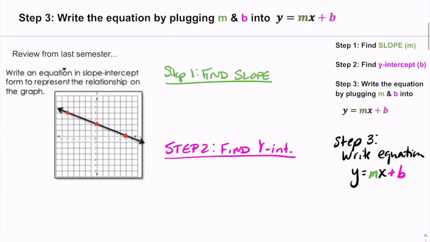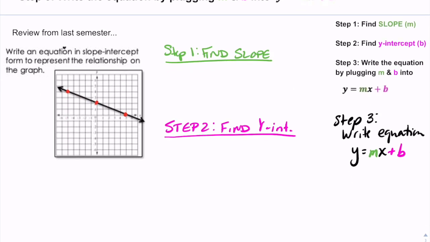So from last semester, when we were in our first unit, we're going to review that a little bit today. Finding the slope, remember, we would look at rise over run on a graph, and it doesn't matter which point you choose, but you do want to be strategic in choosing points in the crosshairs, the lattice points, so that you know exactly what the x value is and the y value as well.